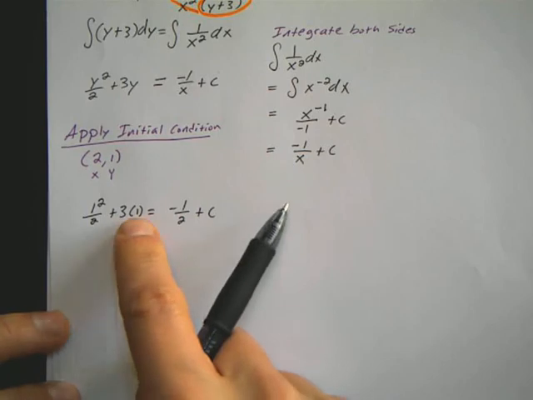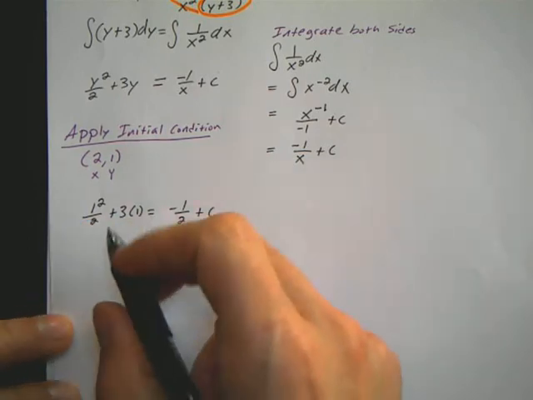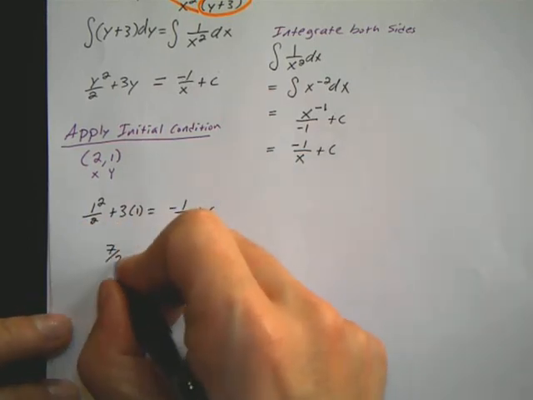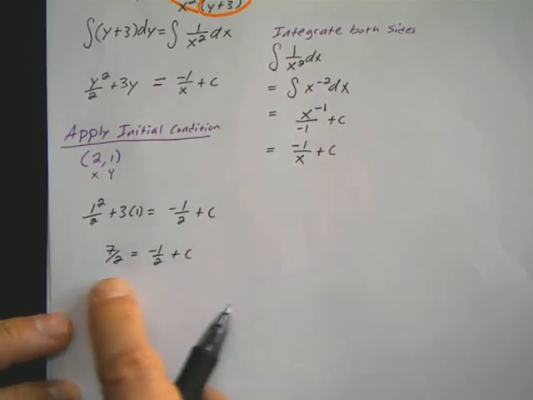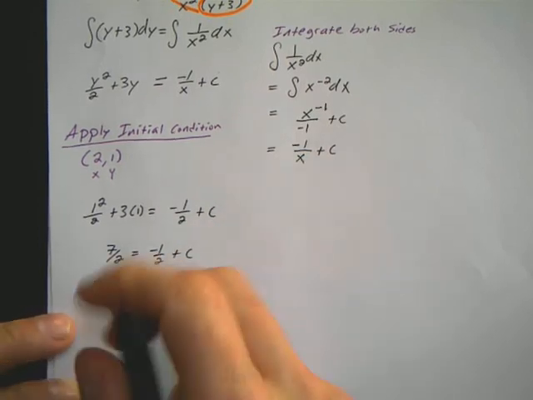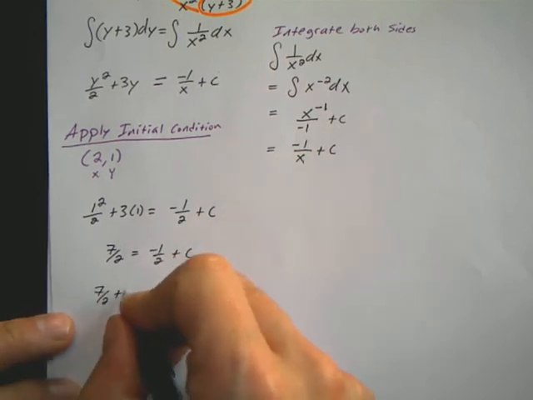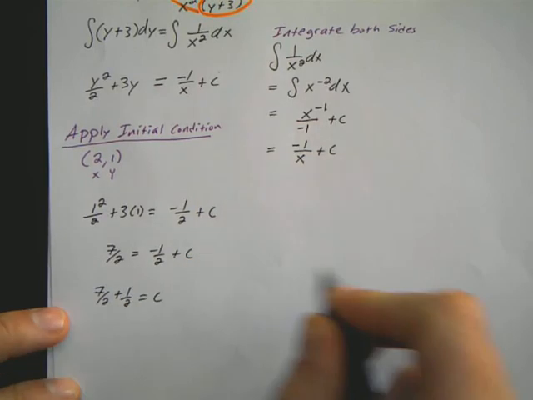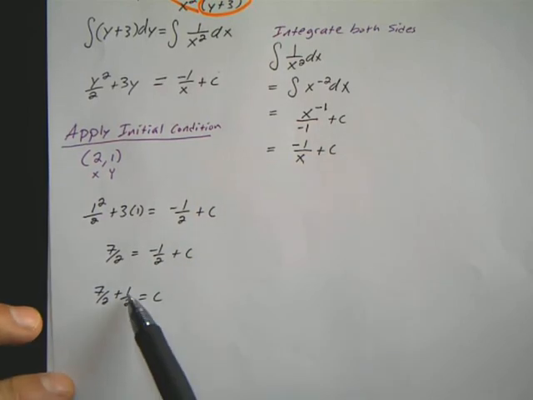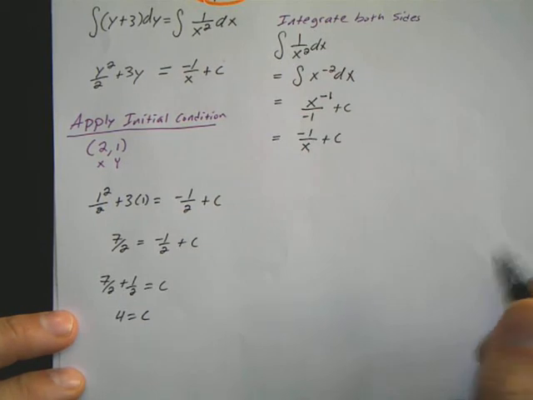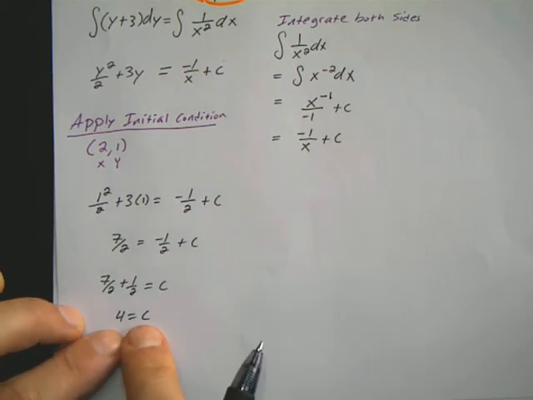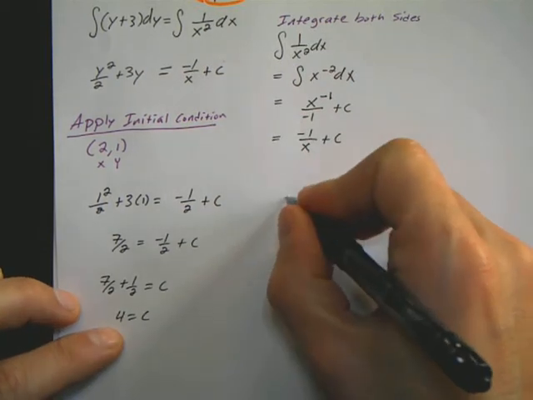3 plus 1 half is going to give me 7 over 2. If I add the 1 half over, so 7 over 2 plus 1 over 2 equal to c. This is going to give me 8 over 2, which is the same thing as 4. So once you have the c value, it's going to be a particular solution.